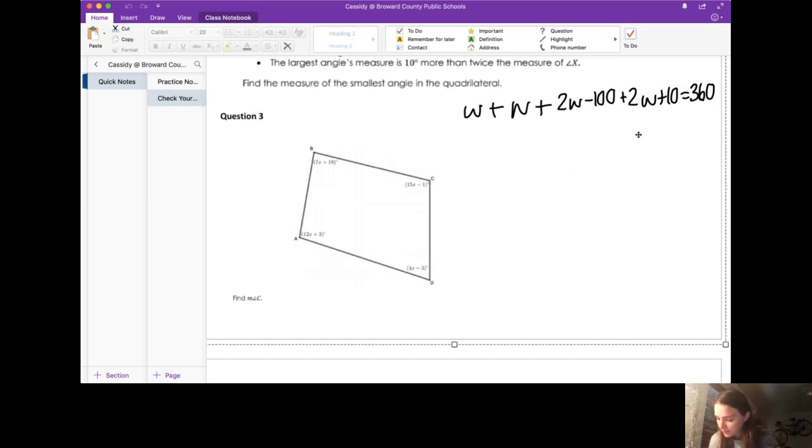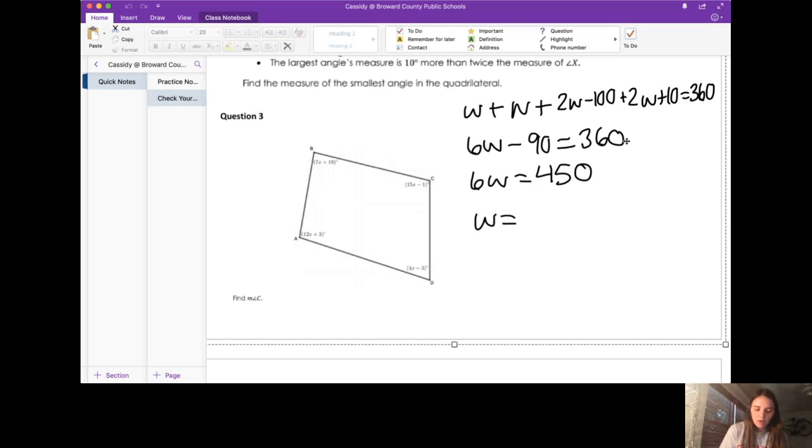Our other like terms are negative 100 and positive 10, which gives negative 90. That's all equal to 360 still. We add 90 on both sides: 6W equals 360 plus 90, which is 450. Then we divide by 6 on both sides, and 450 divided by 6 gives 75.